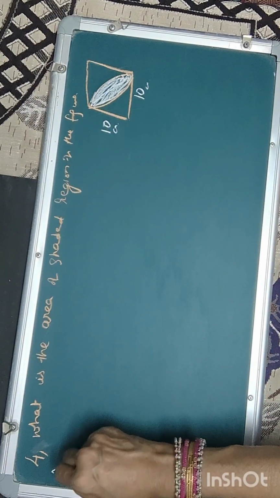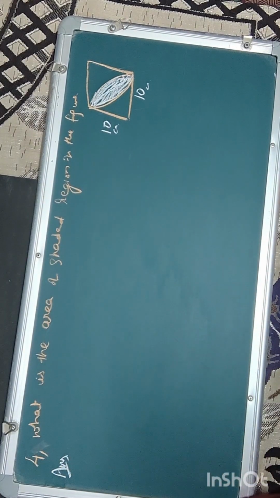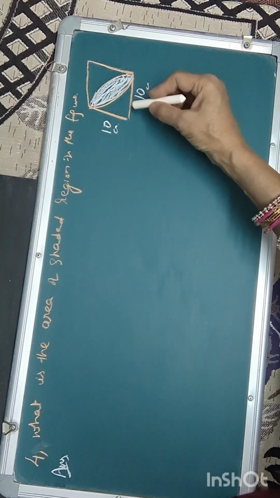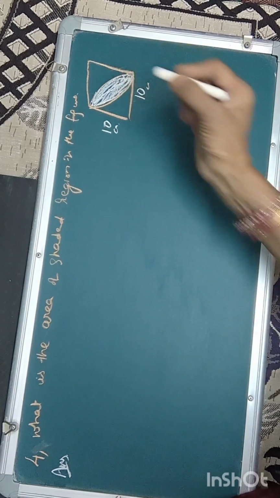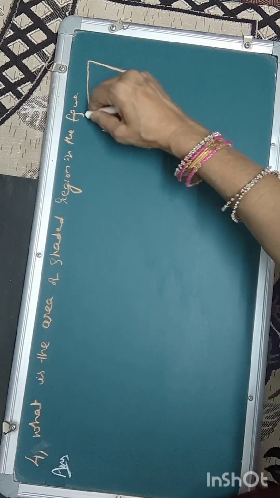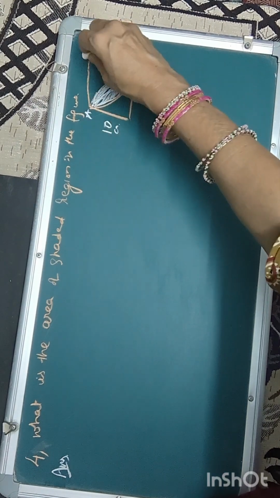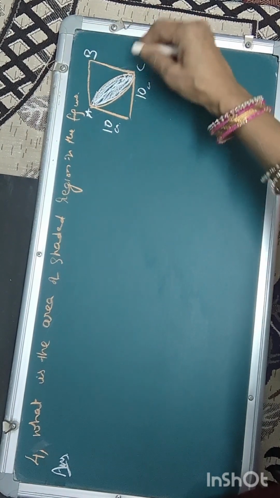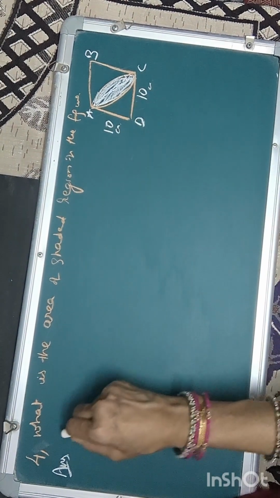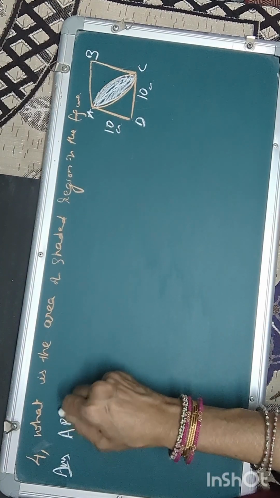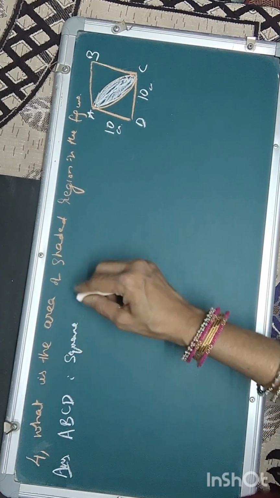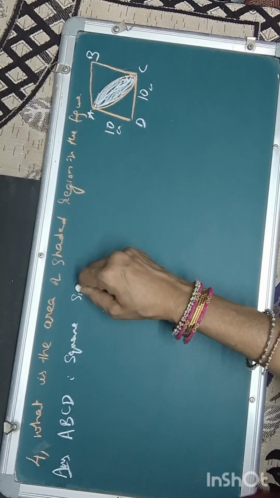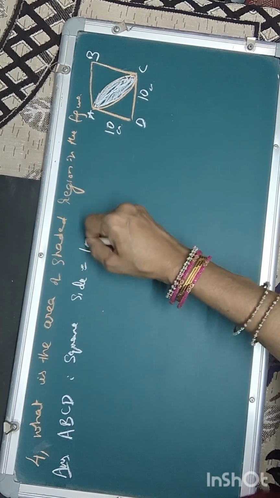So, answer. They have given this figure. We have to find out the shaded region. We have to find out this area. So here, this is A, B, C, D, the square. Its side is equal to 10 centimeters.